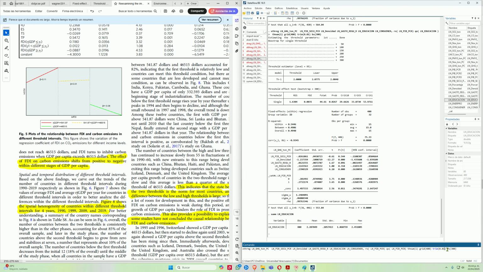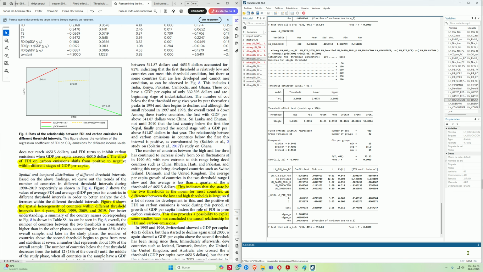This is the default. BS means the number of iterations that the model does. Okay, let's run this model. In this case, let's test whether the GDP has a threshold and education is the variable that is affecting the GDP. Okay, the model is calculating.